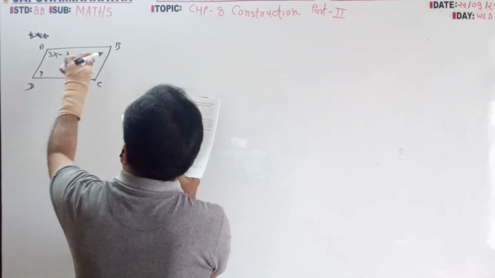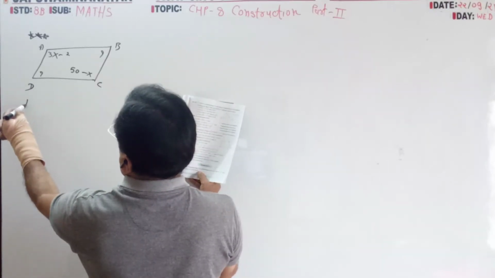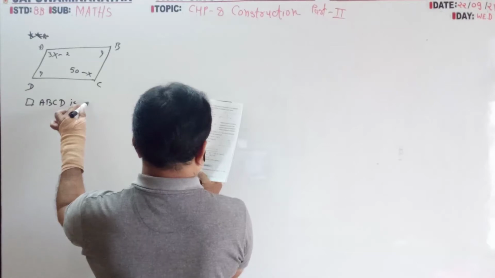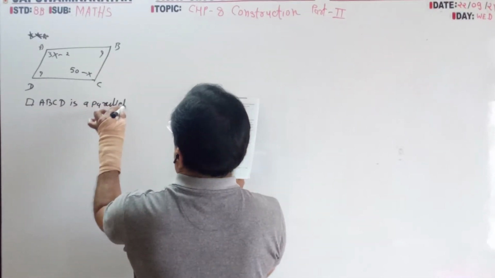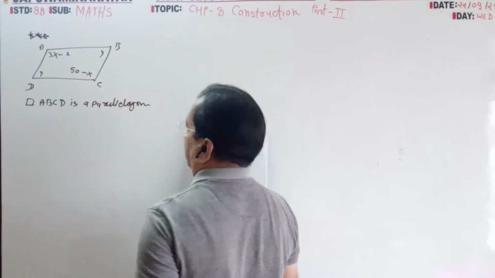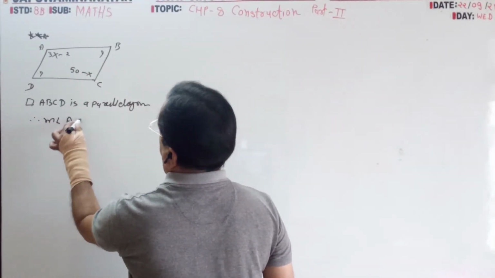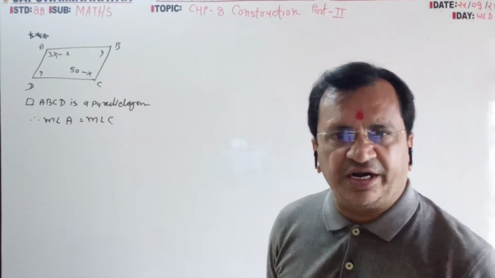This is a question, this is also a question. All angles we have to find. So, quadrilateral A, B, C, D is a parallelogram. Therefore, measure angle A is equal to measure angle C. Opposite angles are congruent, right?